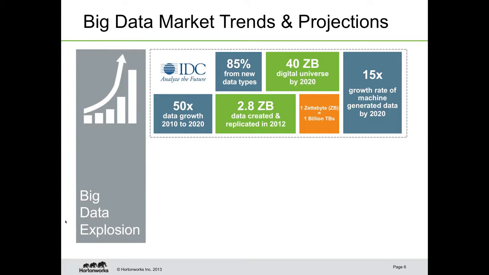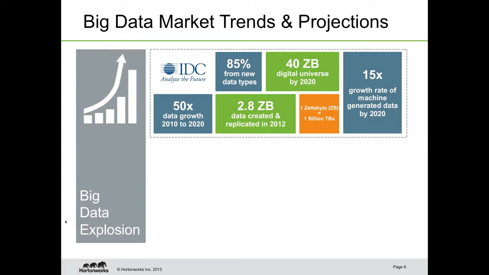One of the key standouts there is machine-generated data, and that's growing by 15x. That's our cell phones and every kind of device that has a sensor attached to it that's collecting that data, and data that really represents an opportunity for organizations to find and create new analytic applications and new business opportunities.